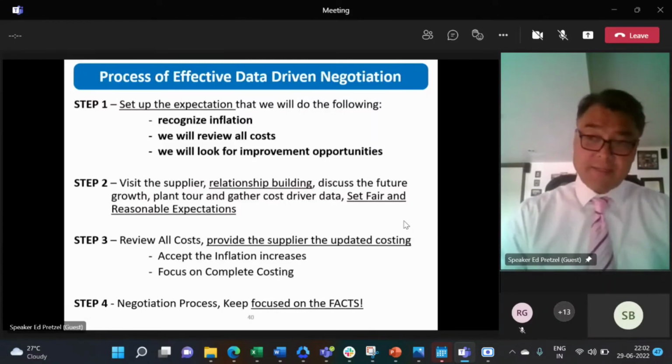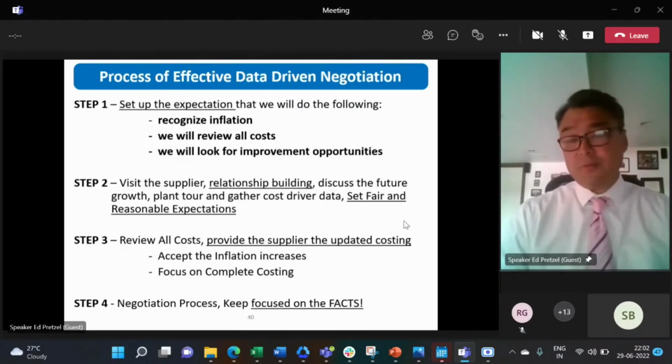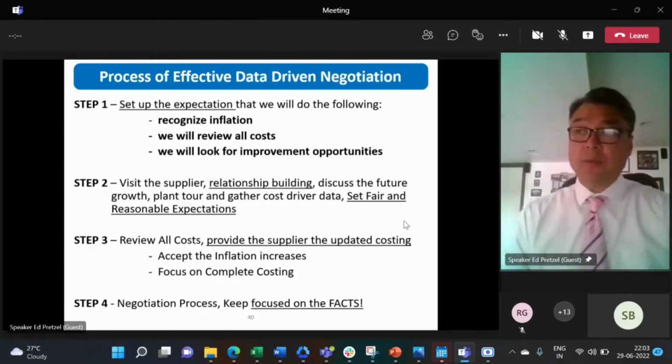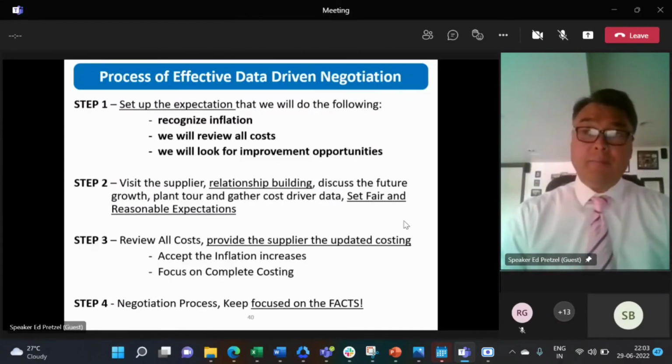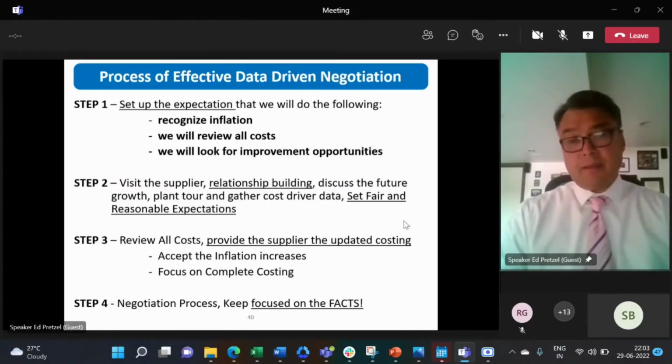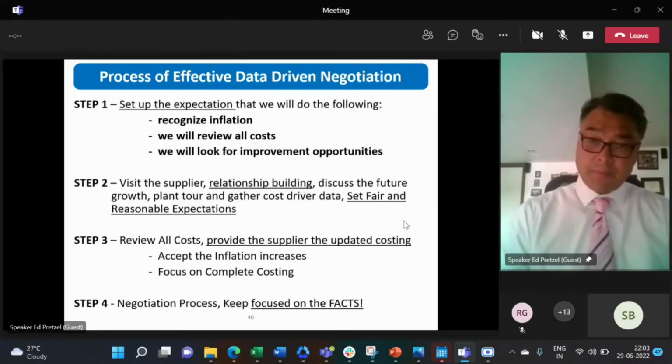And what you'll find is that when manufacturers come in for inflation requests, they only focus on the inflation. There have been, I guarantee, improvements that have been made on the plant floor with the operations, and a lot of times with the blank size of the raw material. And so we'll want to set the expectation that we will look at all costs.